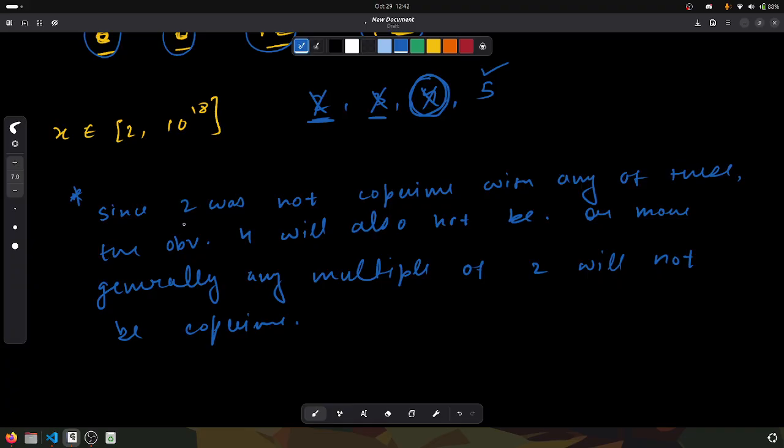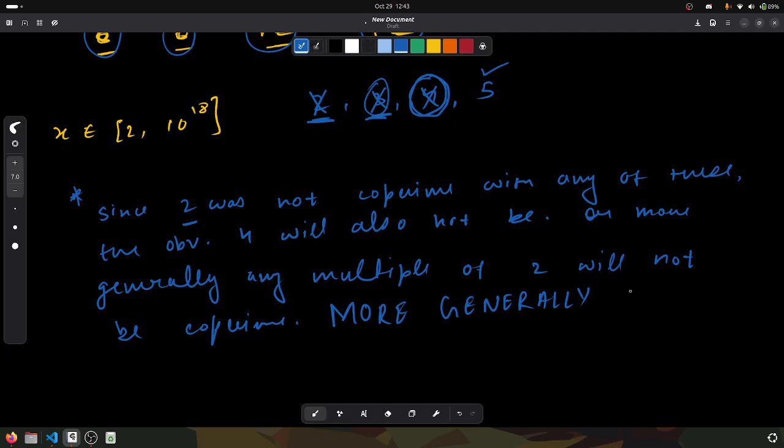Because if 2 is not co-prime, that means every number has a factor in common with 2, and every multiple of 2 will also have that factor in common. So any multiple of 2 cannot be the answer. And similarly, now we can generalize this more, since we can say the same thing for 3 also. If 3 did not satisfy the condition, any multiple of 3 will also not satisfy the condition, right?